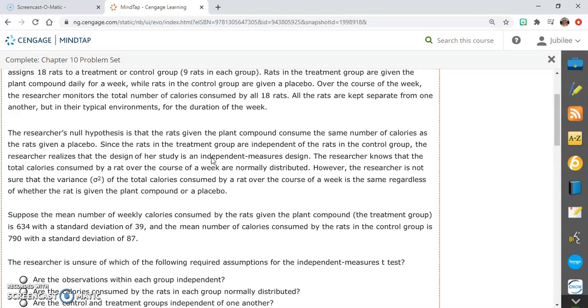The null hypothesis is that the rats given the plant compound consumed the same number of calories. The rats in the treatment group are independent of the rats in the control group. The researcher knows that the total number of calories consumed by a rat over the course of the week are normally distributed. But she's not sure if the variance is the same.